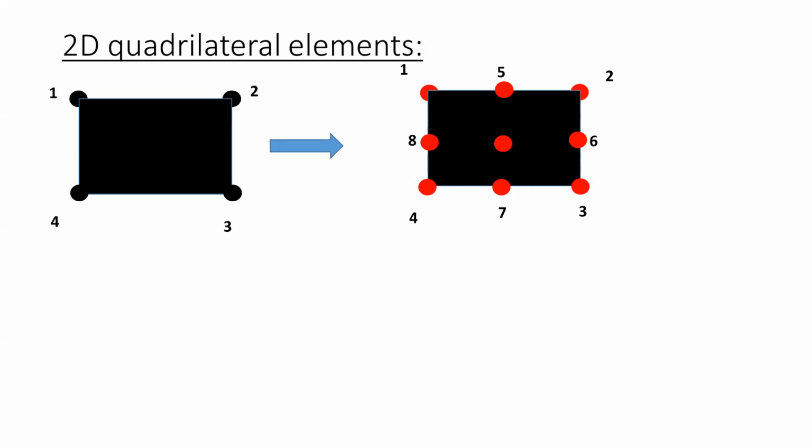Now the thing is, the 4-noded element on the left is a pure linear element, and the 9-noded element on the right is a pure quadratic element.